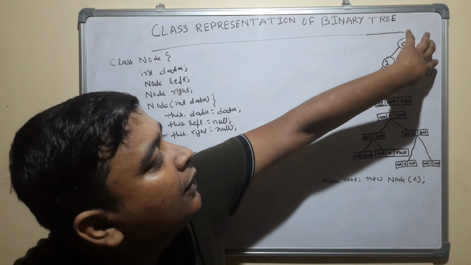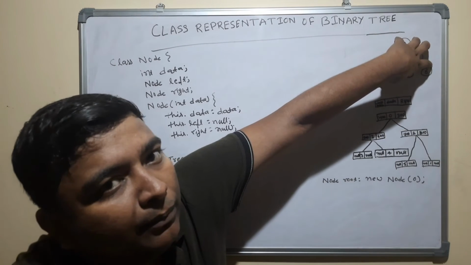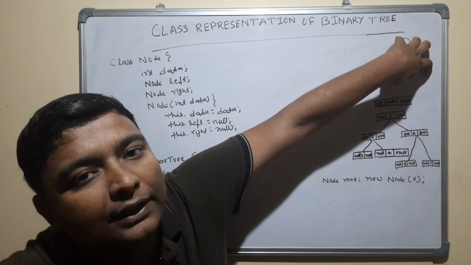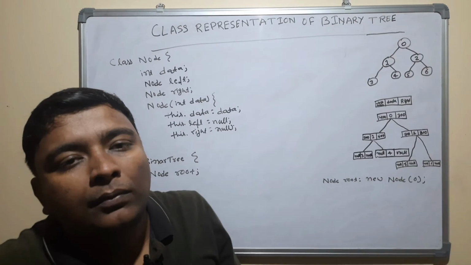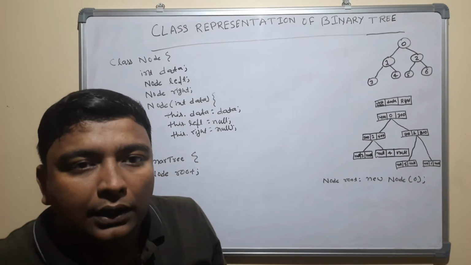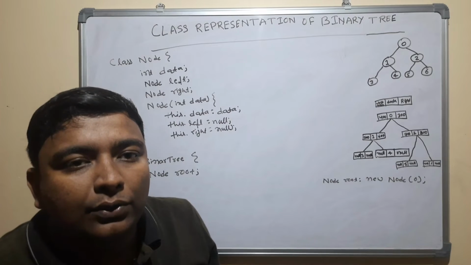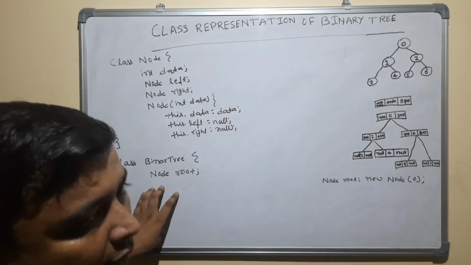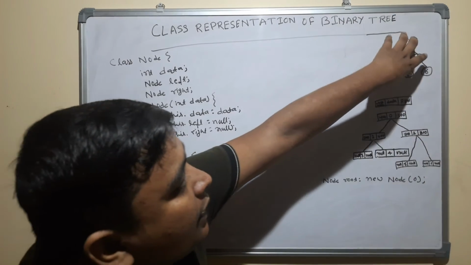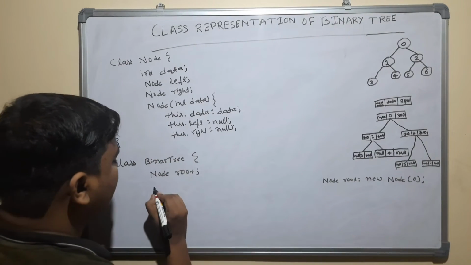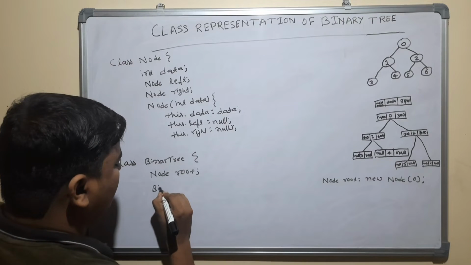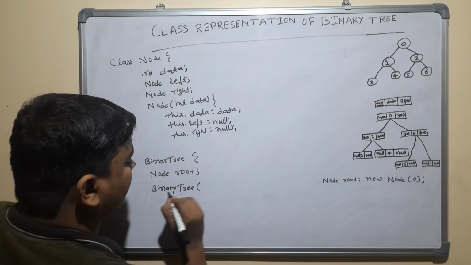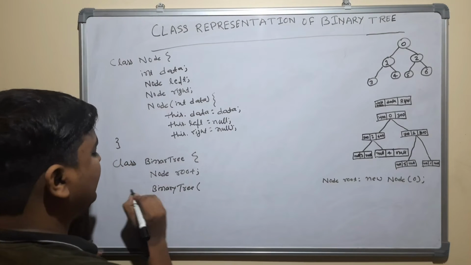I will create one static method, and I will call it in the next video where we will use the tree. So here I am creating one function, and its return type is BinaryTree.